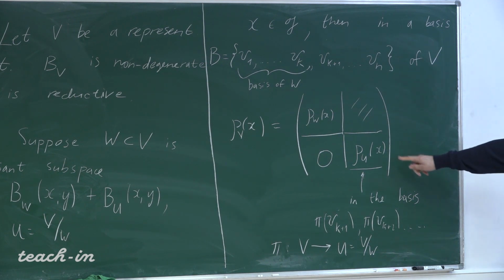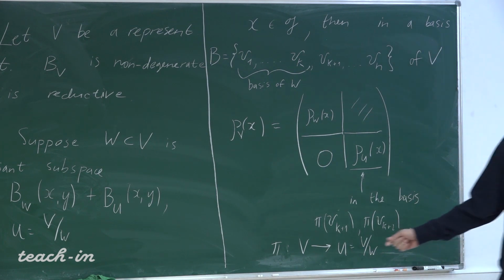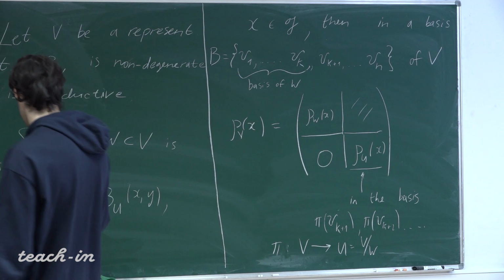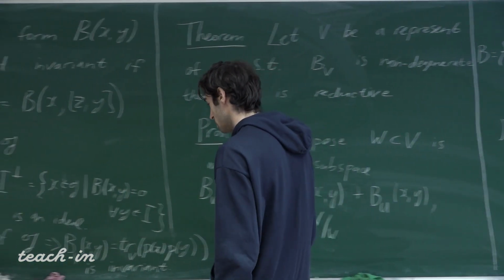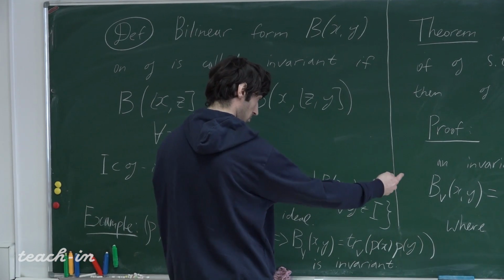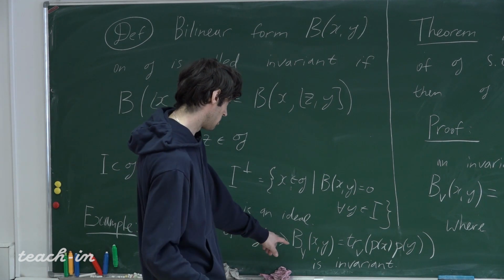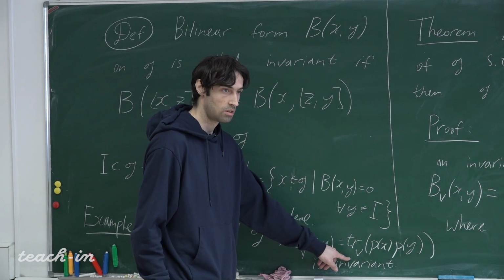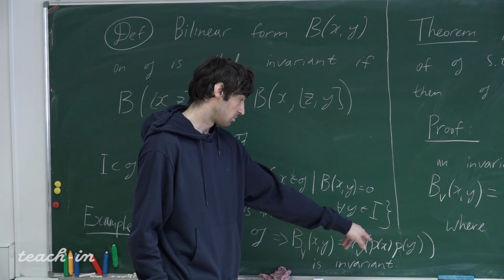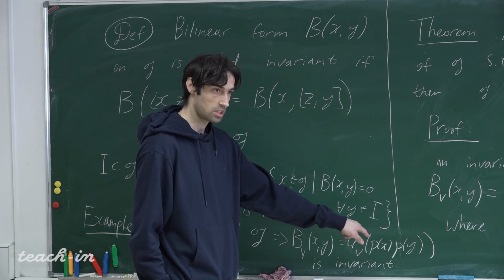So this picture explains everything now, because we need to recall what B_W, B_U, and B_V are. This is a trace over a product of matrices.